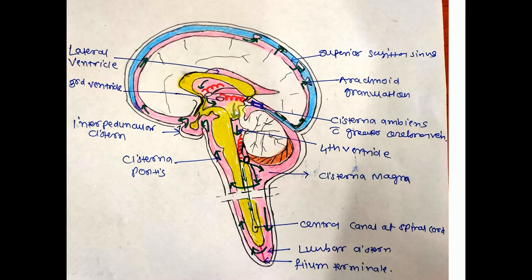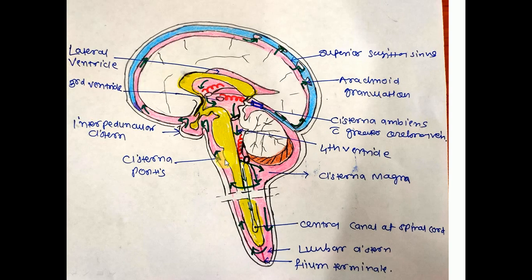If any of these places is obstructed by any tumor or due to infection or maybe due to congenital causes, obviously the CSF will not be able to pass forward and will not be able to be absorbed inside the superior sagittal sinus, and because of that CSF will be collected inside the ventricular cavity or around the subarachnoid space.